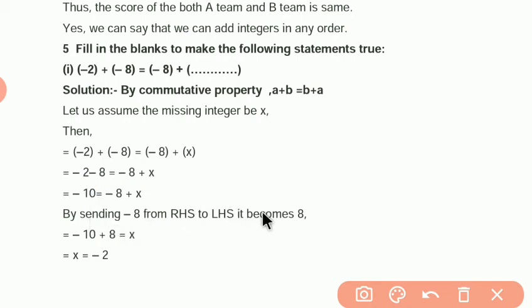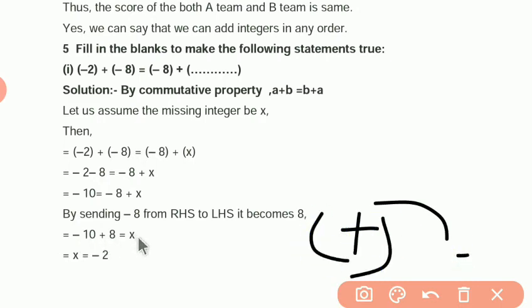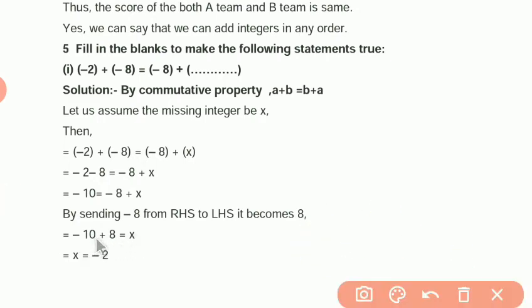By sending minus 8 from the right hand side to the left hand side, it will become plus 8. So minus 10 plus 8 is equal to x. Minus plus minus, so 10 minus 8 is 2, and the sign is according to the bigger number, which is 10. So x is equal to minus 2.